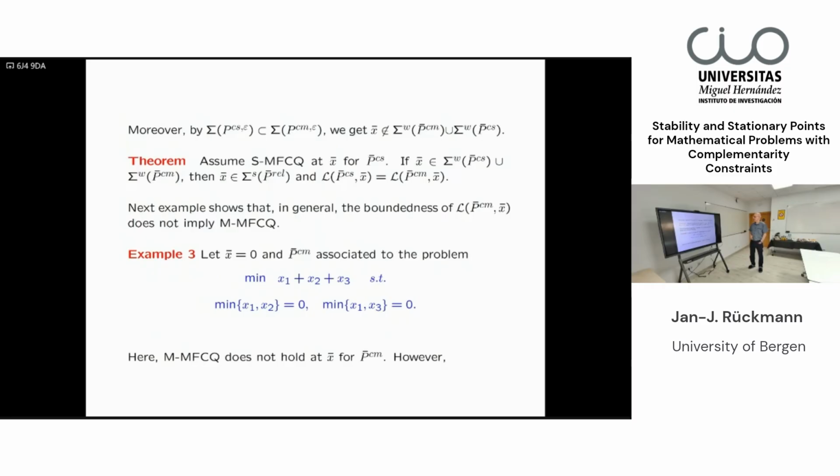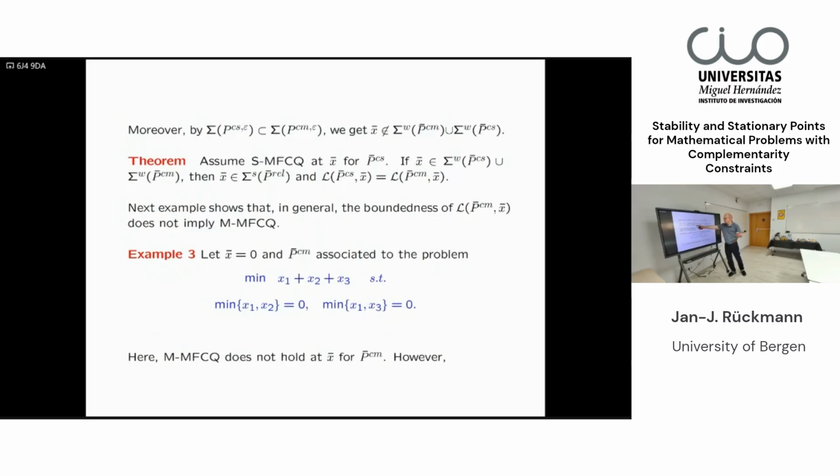And the theorem says, assume that we have S MFCQ at the considered point. And if we have weak stability, either for PS or PM, then x bar is the strongly stable point for the relaxed problem.